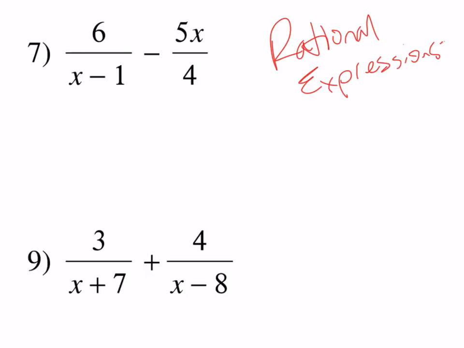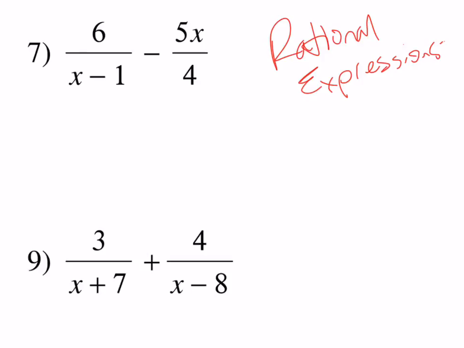Because if it's an equation, it would be all this equals 7. But it doesn't equal 7. It's just an expression. So this is called a rational expression because I'm not solving anything. So if it's not an equation, that means I can't solve. And if I can't solve, all that I can do is simplify or combine these into one big term.